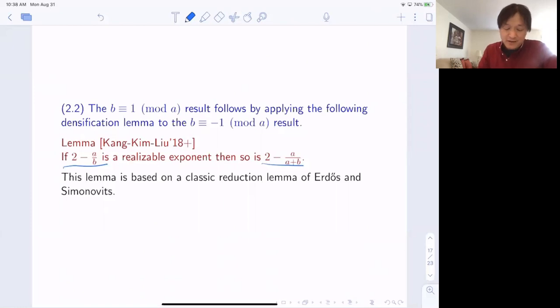Now, this lemma actually follows quite quickly from a classic reduction lemma of Erdős and Simonovits, but I won't get into that. You can look it up. But it's very nice for them to see the connection between the Erdős-Simonovits reduction lemma and the exponent problem.